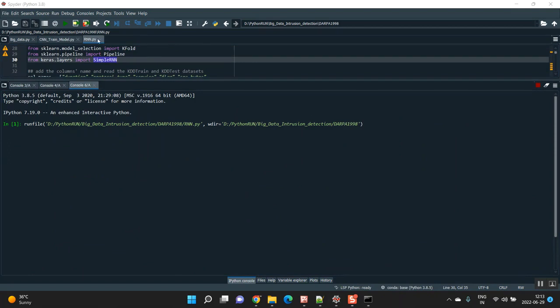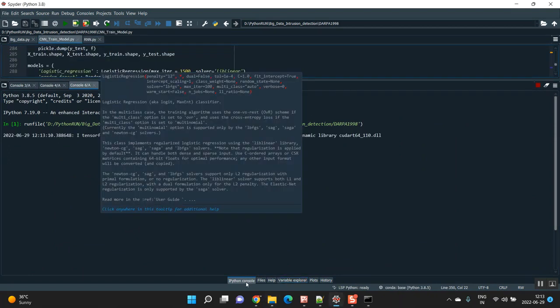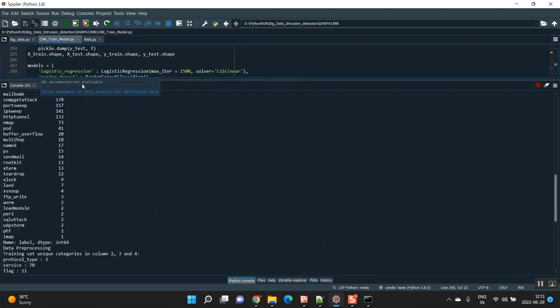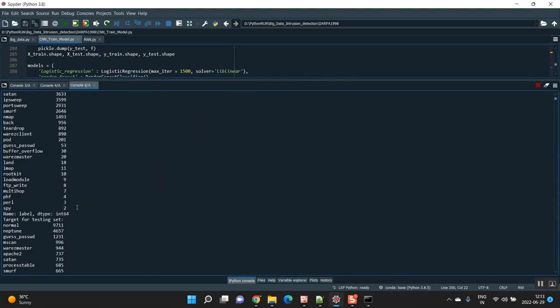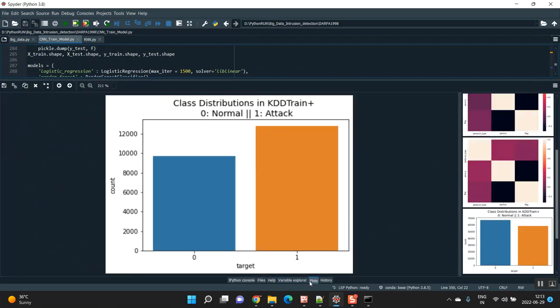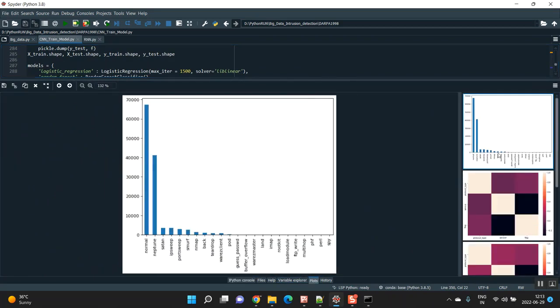Then I started the execution of RNN here. CNN is in process, it's executing. Right now I started the execution of RNN. It shows the data set values, everything, and it provides you the plots also based on that.